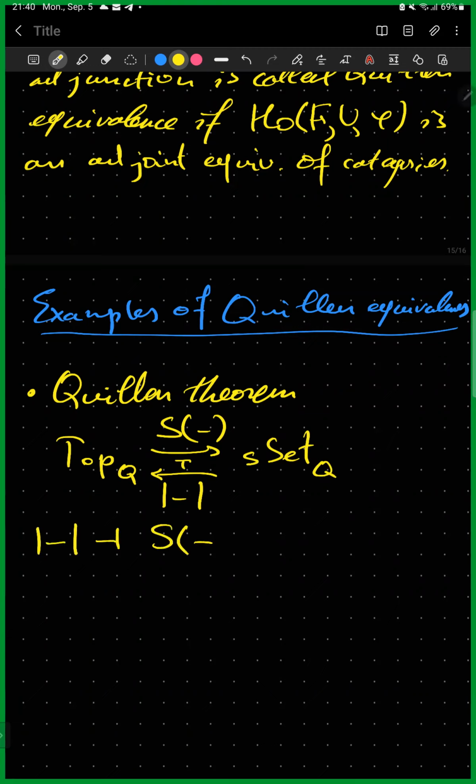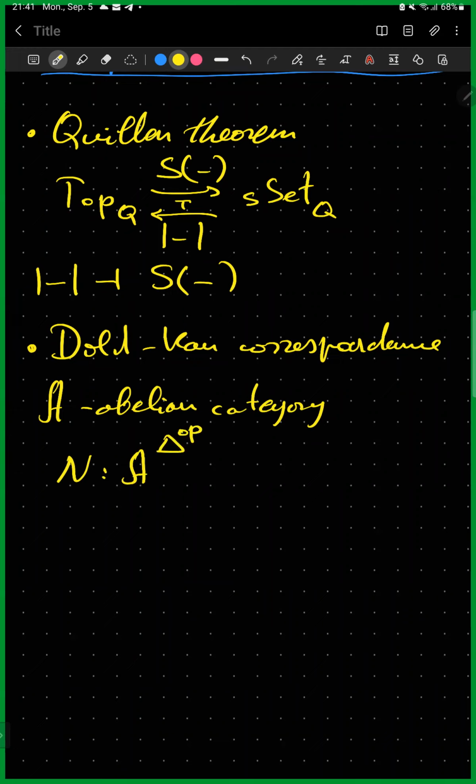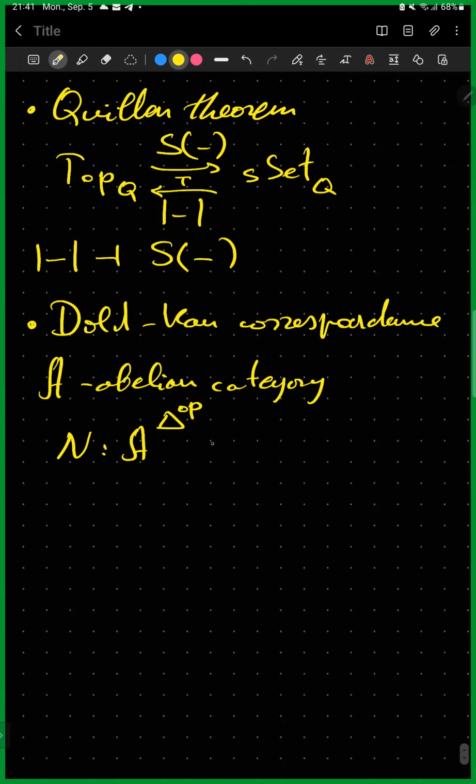However, there's also another very important example called the Dold-Kan correspondence. It states that for an arbitrary abelian category A, we have an equivalence of simplicial objects in A and chain complexes in non-negative degrees.